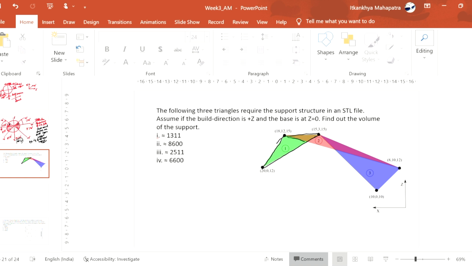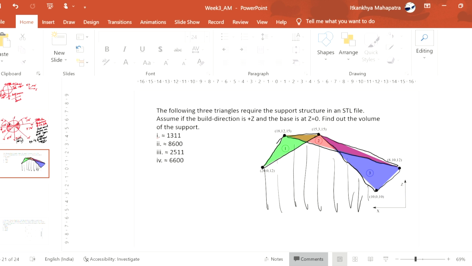Now this is triangle number 2 and this is triangle number 3. Okay, now here we need to consider that we need support.